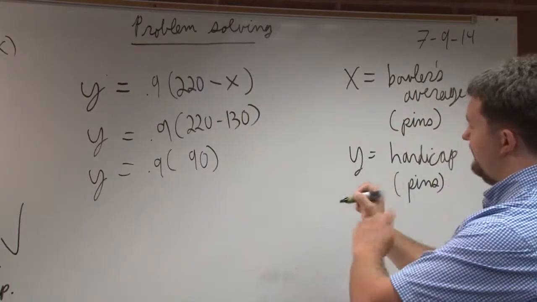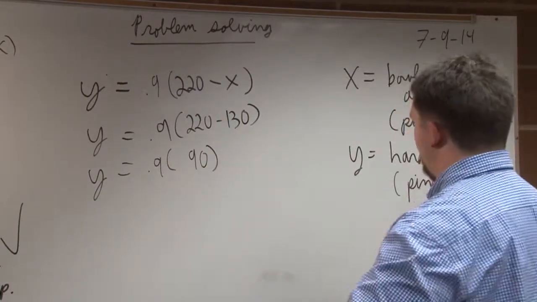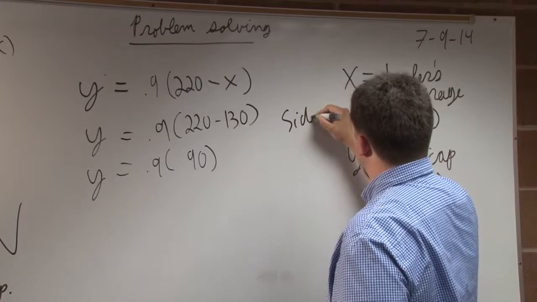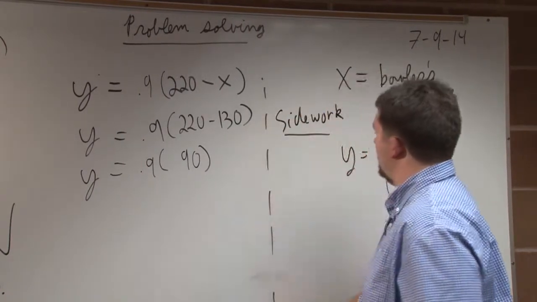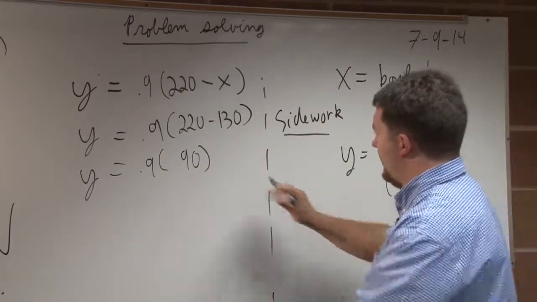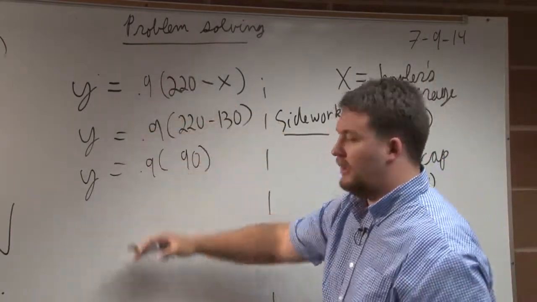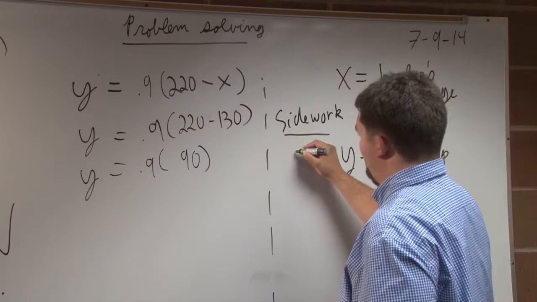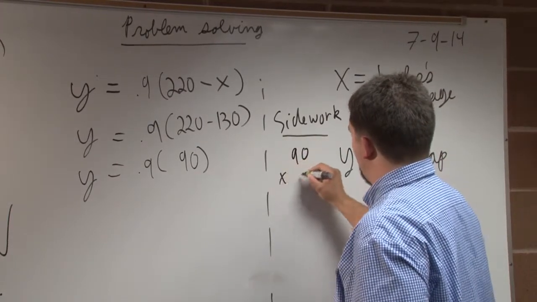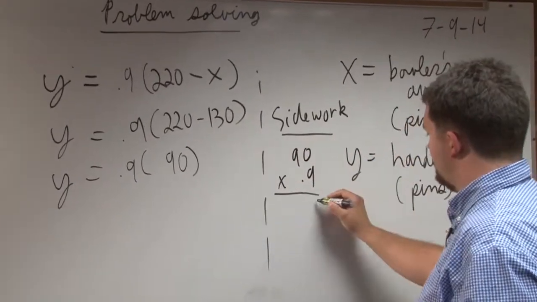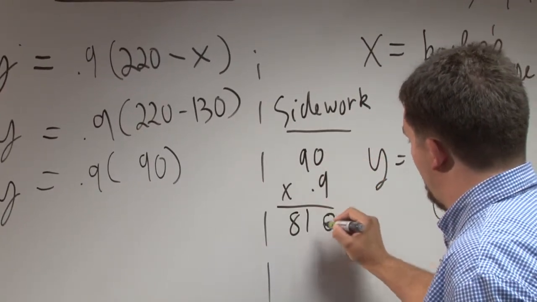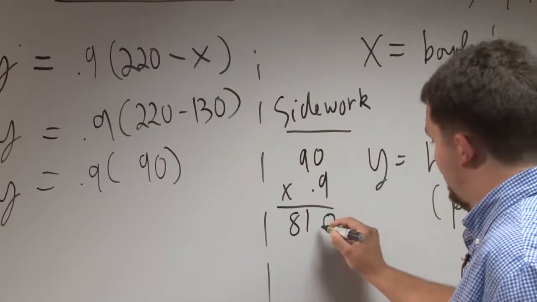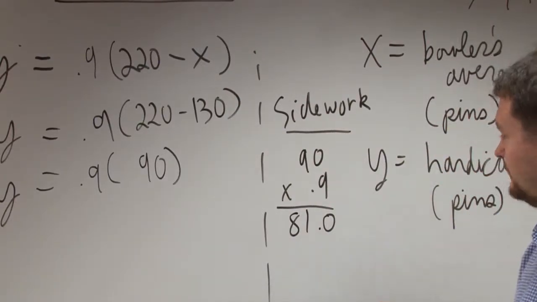And you know what? I'm not terribly confident about multiplying these side by side, so I do what's called side work, where I'll just kind of work that out on my own without messing with the flow of how I'm solving this problem. So I have 90 times 0.9, and I'll just go and work that out. That's a 0 that way. 9 times 9 is 81, and I have one number behind the decimal, so 81.